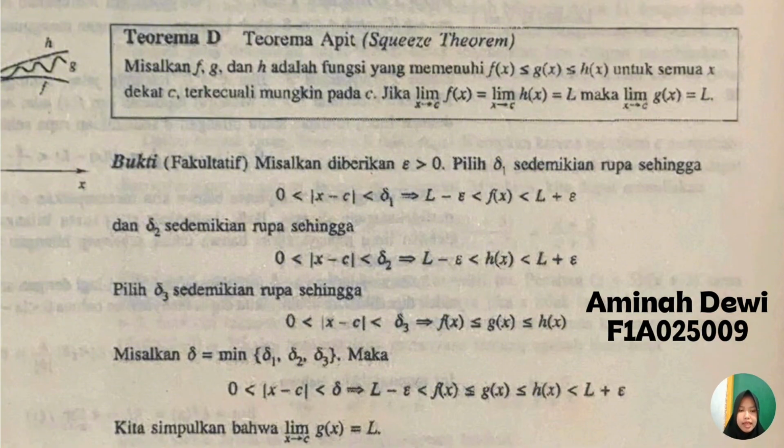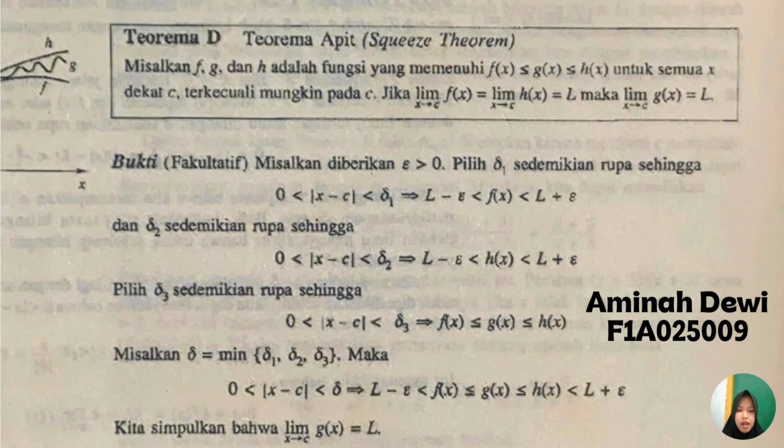Then 0 is less than the absolute value of x minus c, which is less than delta, implies L minus epsilon is less than f of x, which is less than or equal to g of x, which is less than or equal to h of x, which is less than L plus epsilon.